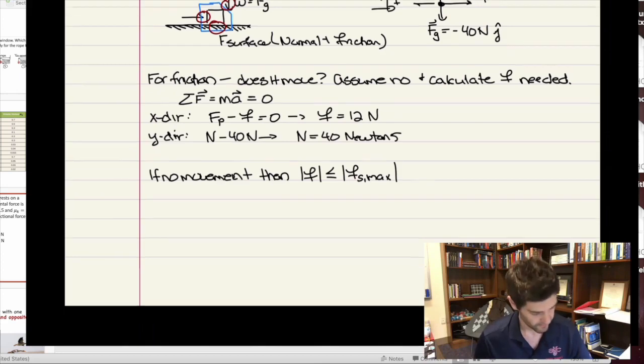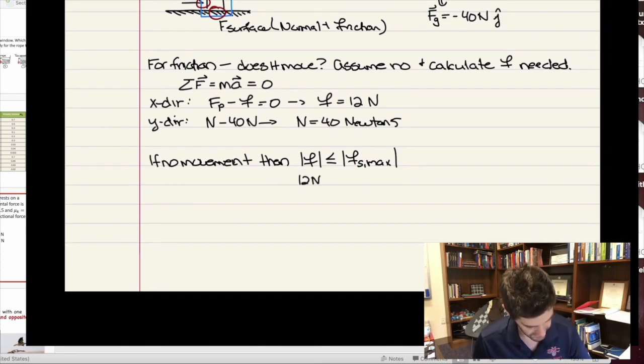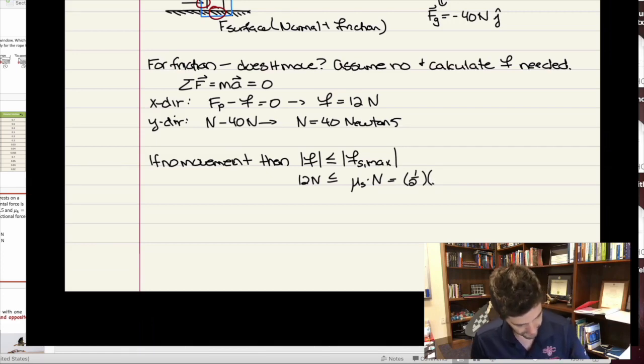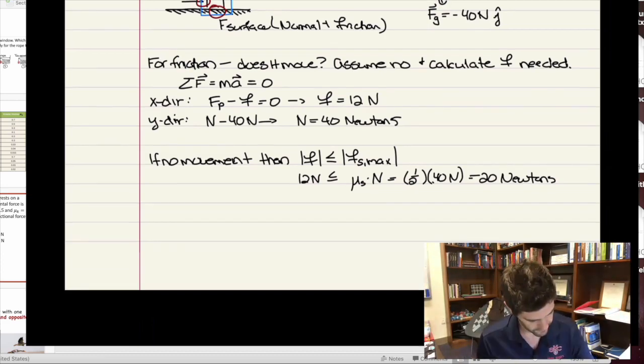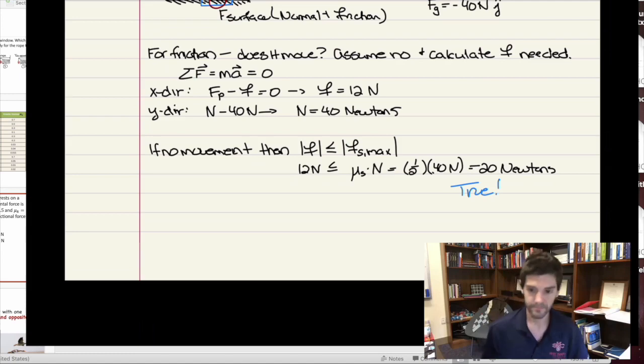So the question is, is 12 newtons less than or equal to the coefficient of static friction times the normal force? The coefficient of static friction was 1/2, and we calculated the normal force was 40 newtons. So this is 20 newtons. In this case, 12 newtons is less than 20 newtons. True.